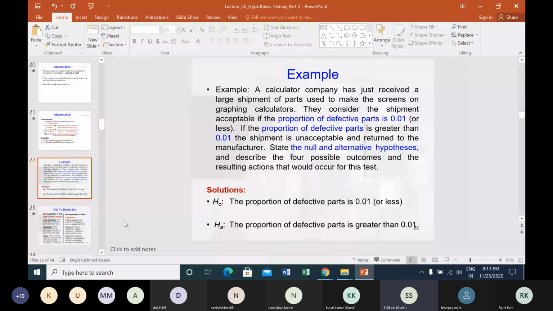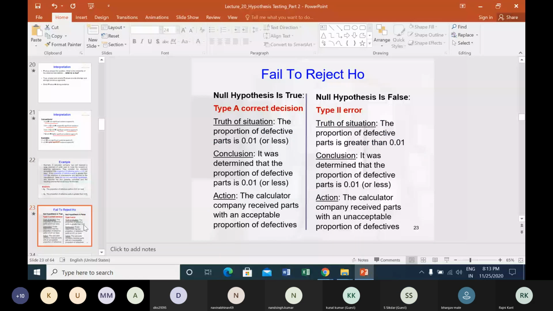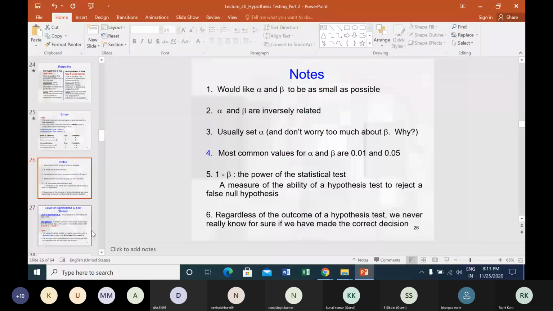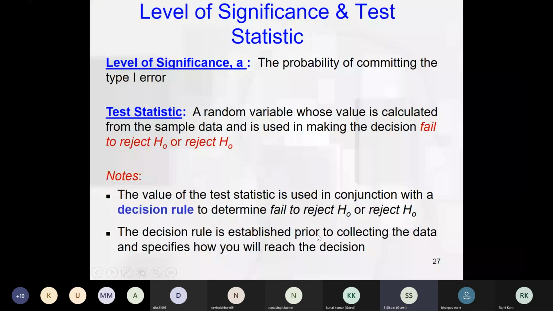Okay. So basically, then again there is also another part: level of significance and test statistic.